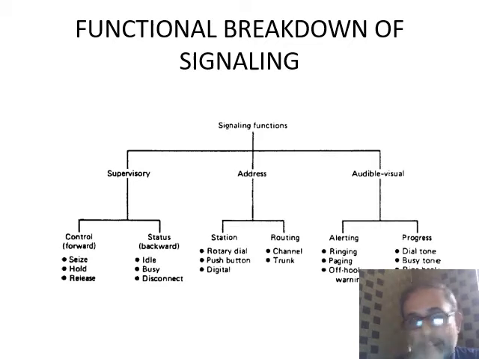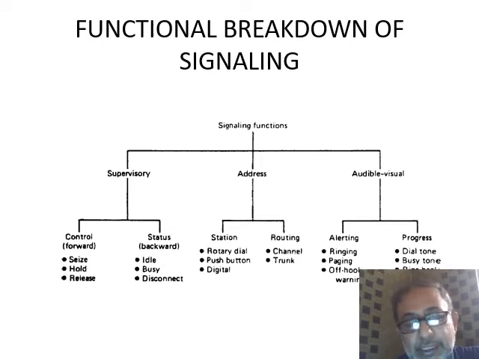Now, let's see what is the functional breakdown of signaling. The supervisory signaling, address signaling, and audio-visual signaling. We can divide them further. For example, the supervisory signaling can be divided into the control signaling and status signaling.